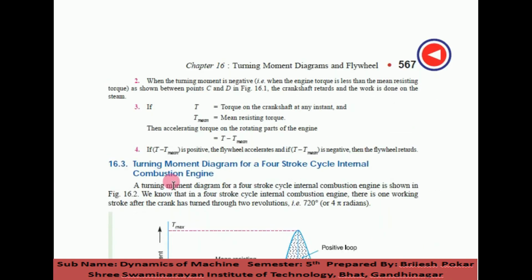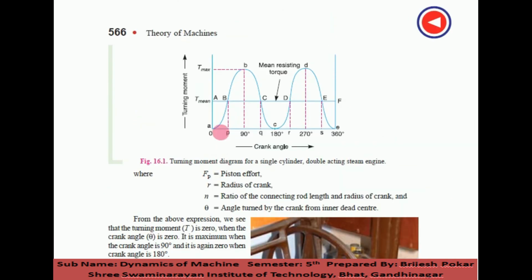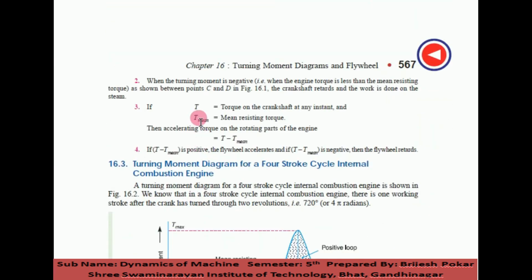Now T is the torque on the crankshaft at any instant and T mean is the mean resisting torque. What is T mean? Here you can see this is the maximum torque, this is the minimum torque and this line AF is the mean torque, the mean resisting torque.